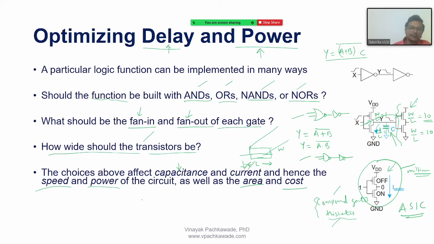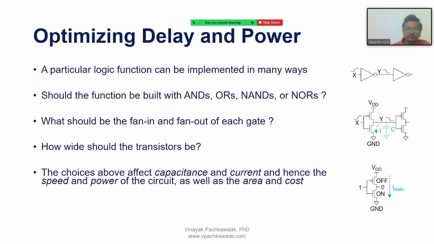So can anybody tell me now how the capacitance and the currents are affecting the speed and power again? One more time. How capacitance and the current in transistorized or gate level circuits are affecting the speed and power of the circuit, and therefore the area and the cost of the chip. Anyone?